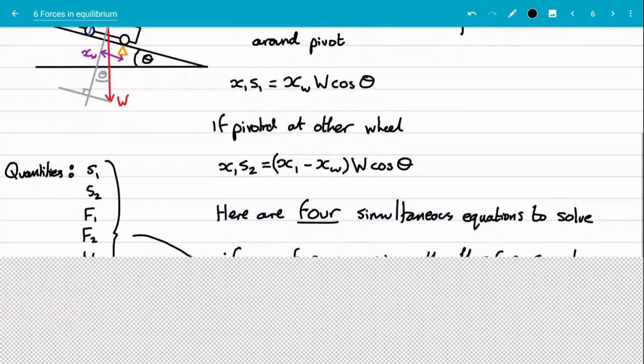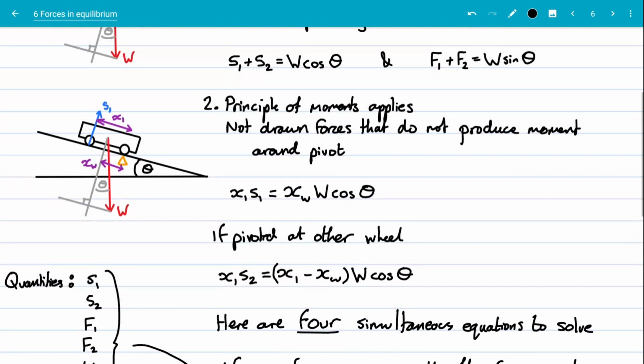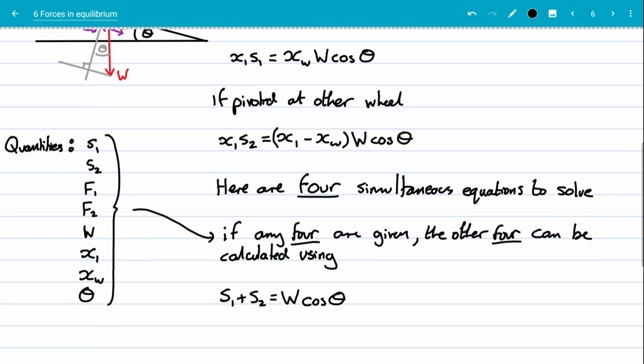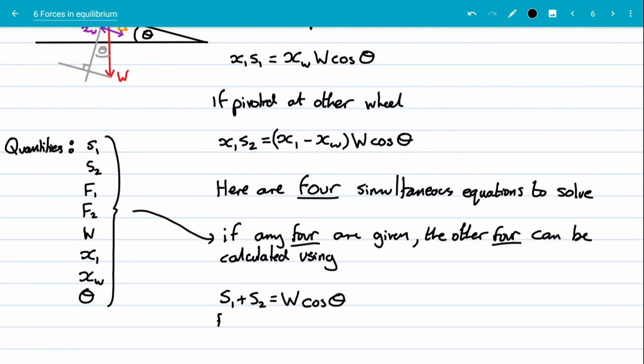So S1 plus S2 is equal to W cosine theta. We've got F1 plus F2 is equal to W sine theta.